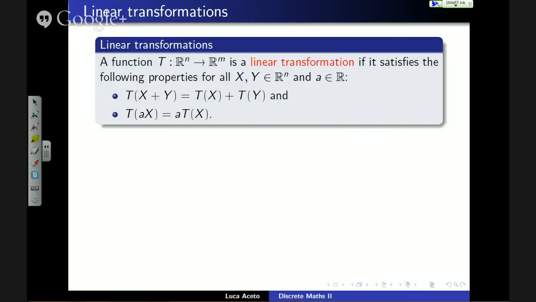But if it is, it's beautiful. The function has a chance of being linear. Why do I say has a chance of being linear? Because there is something else that the linear function satisfies. If you feed it with a vector that is a times x, where a is some real number, then to compute the result, you compute the value of T applied to x and you multiply the result by a.